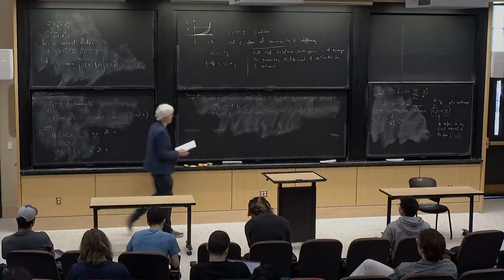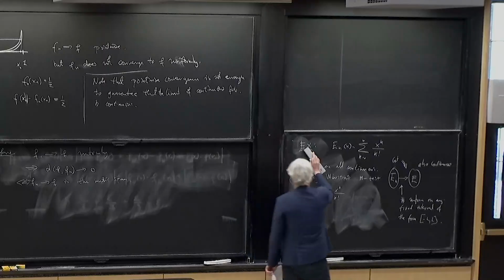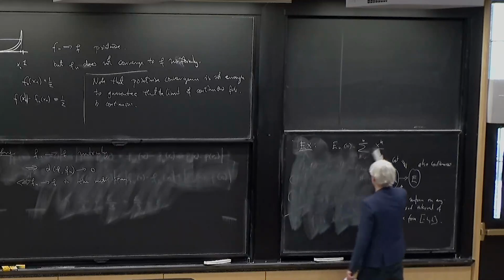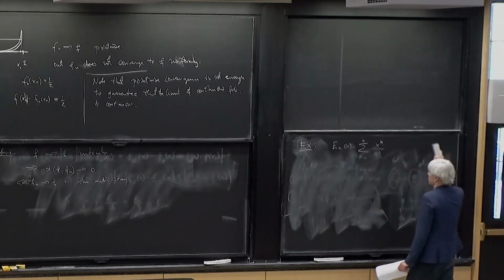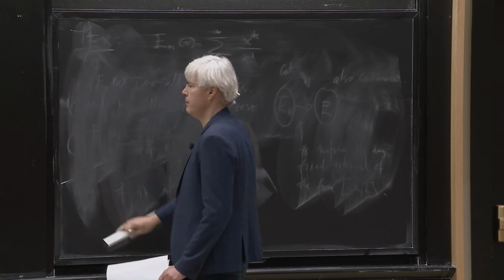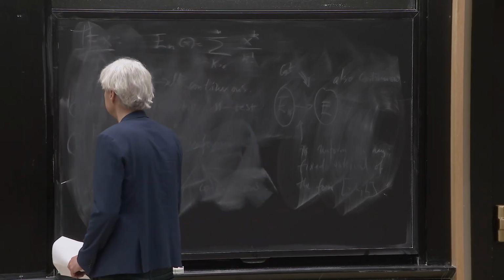So now let's prove the next theorem. For this theorem, we're going to think about uniform convergence in terms of this metric and in terms of convergence in this metric space.